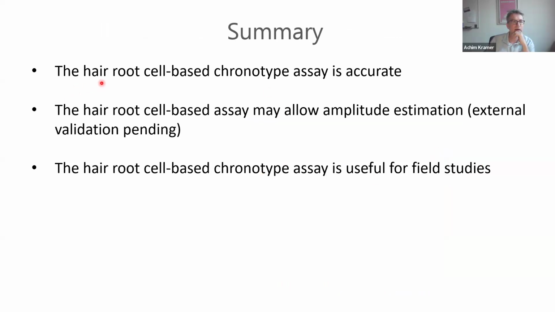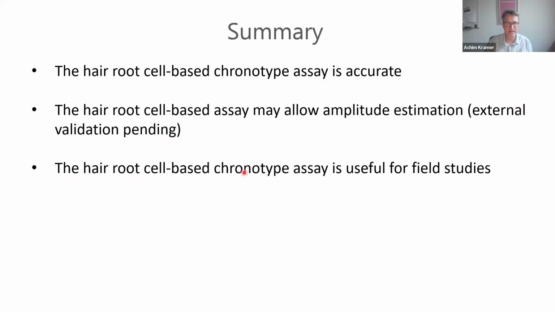The hair root cell-based chronotype assay is relatively accurate. In particular, when you think about how laborious and costly the dim light melatonin onset assay is, the hair root cell-based assay may allow amplitude estimation, which we still need to validate with an independent study, which we have not done yet. So care is to be taken here.